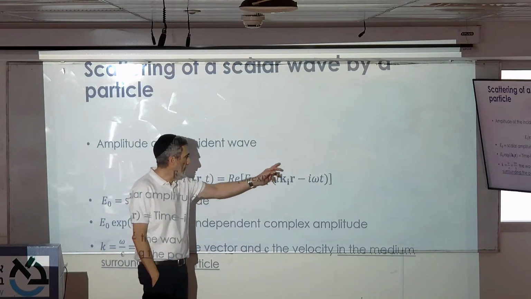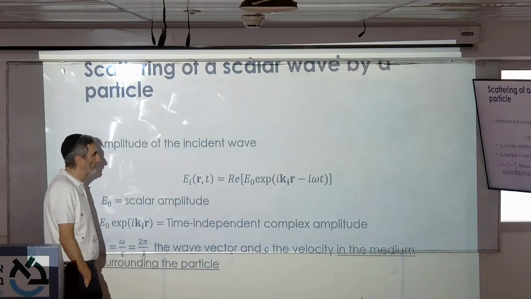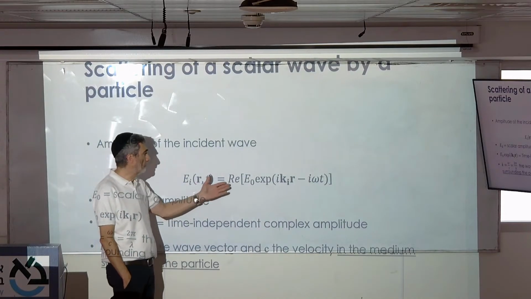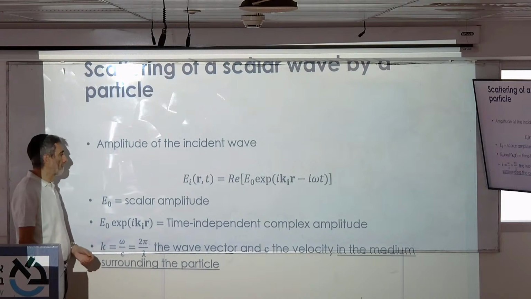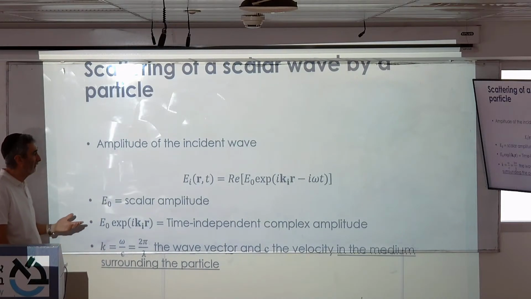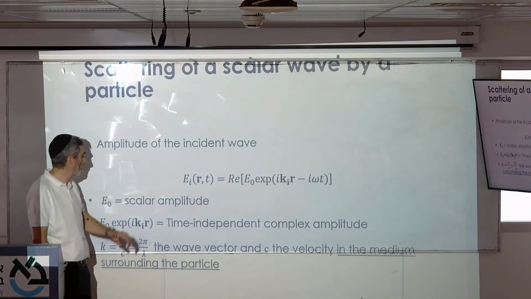So this complex number, exponential of i k r minus i omega t. This is a real quantity, so we take the real part of it. This is the standard description of a scalar field in space. So that will be our incident wave.